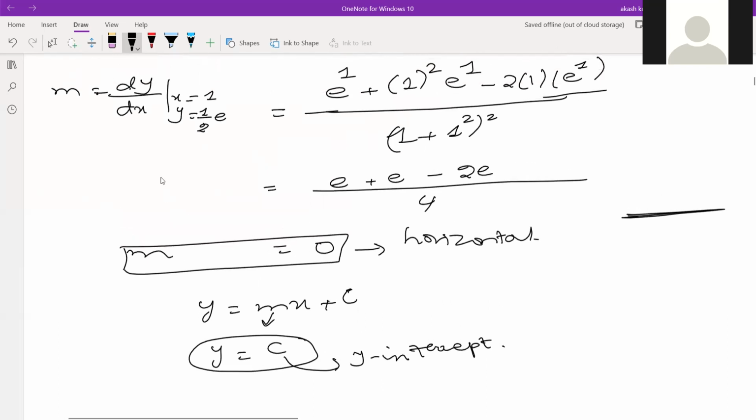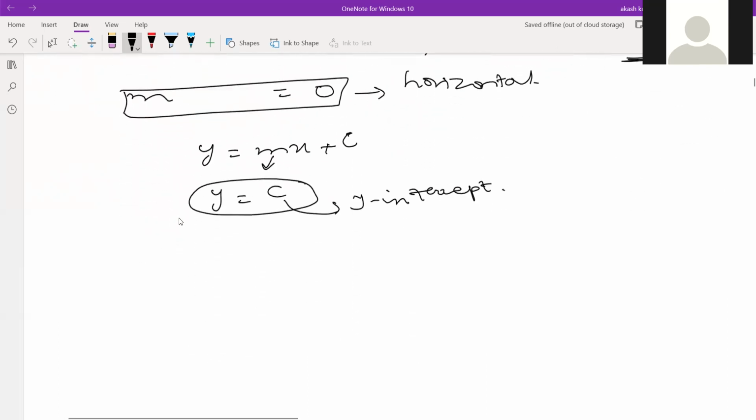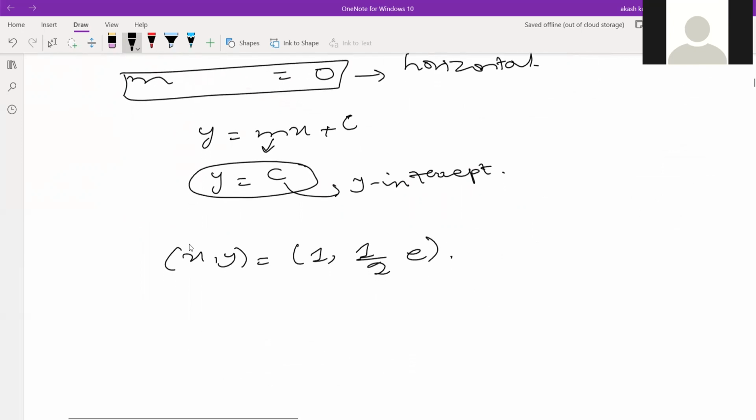But we have been given the point x comma y, which is 1 comma half e. So we have to find out the c, the intercept, by putting the point into the equation. Is it clear so far?